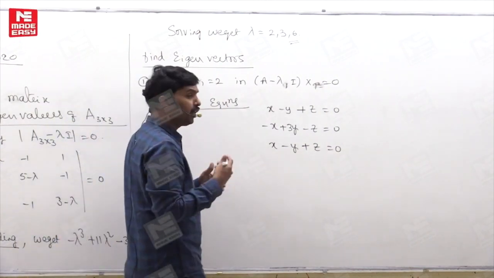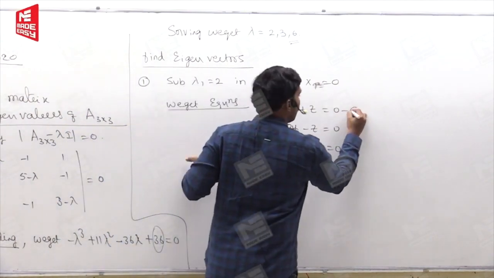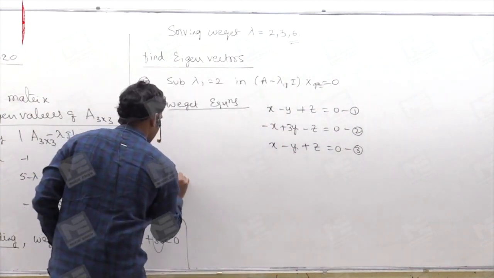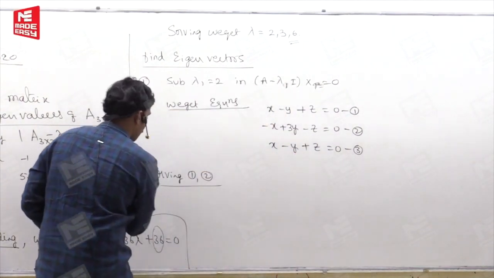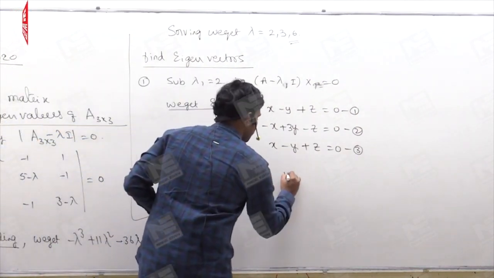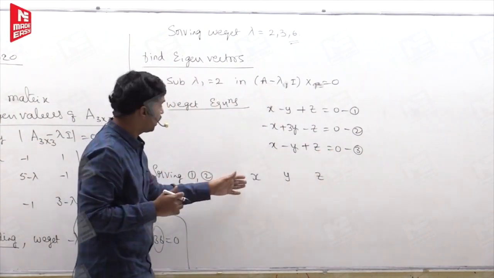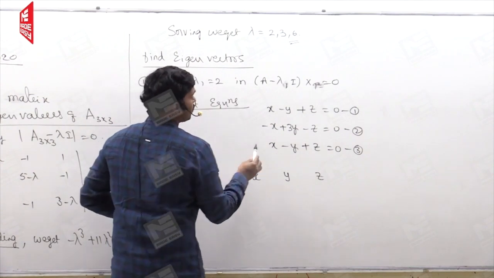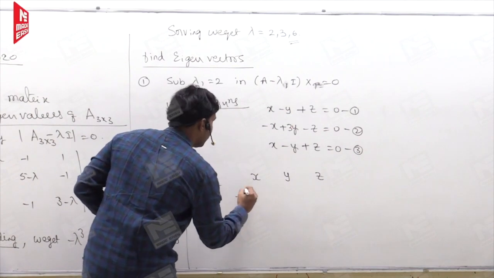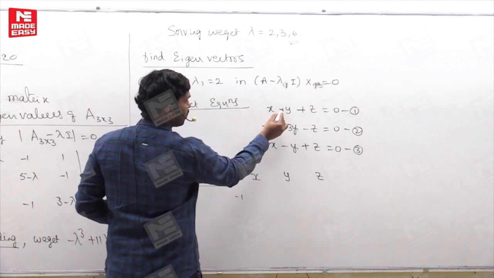Now take any two independent equations and solve them. I'll take equations 1 and 2 here. Solving 1 and 2, let's see. x, y, z here, I already explained this in class. Now it is the order of this one. First start from the y coefficient. It is minus 1, because from the first equation I take the y coefficient minus 1 here.